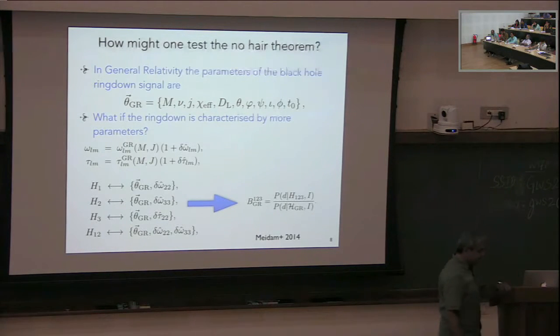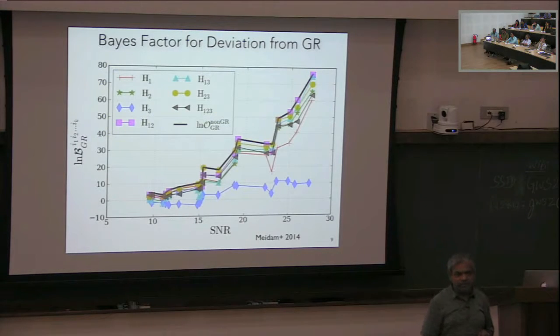So we did this for simulated signals, and we combined them by using what I showed you on how to combine different observations. What is plotted is the logarithm of the Bayes factor as a function of signal to noise ratio for different observations, H1, H2, H3, and so on. If the signal to noise ratio is of order 10, 15, the Bayes factor is not quite enough.